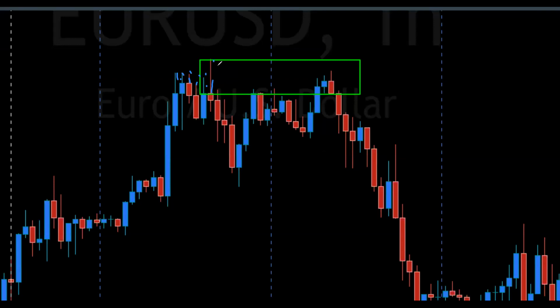It pulls into these wicks, and then the second leg of that M, or it could be an inverse head and shoulders, it pulls into that zone and gives you a candlestick reversal. But it doesn't break the top of the wicks. It pulls into it, reverses, and you have a good reversal.